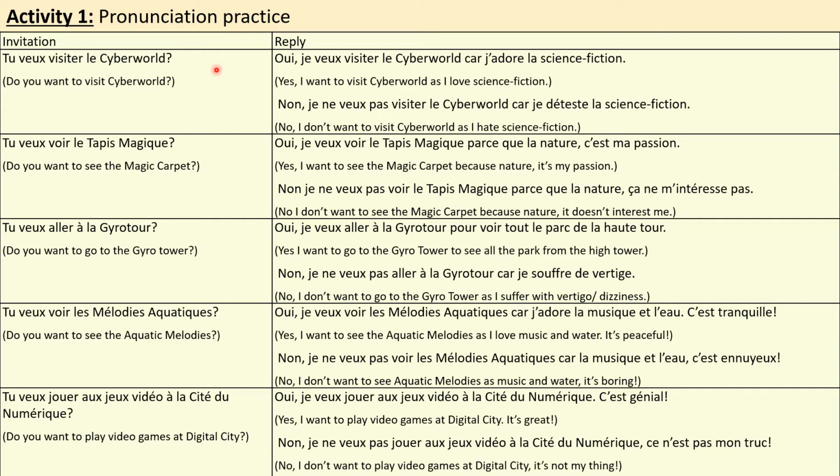Now we'll practice the French. Écoutez et répétez. Tu veux visiter le Cyberworld? Your turn. Très bien. Then we have a positive reply and a negative reply. Écoutez et répétez. Oui, je veux visiter le Cyberworld car j'adore la science-fiction.